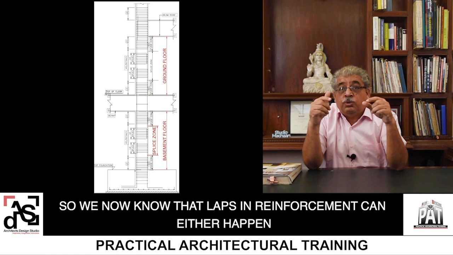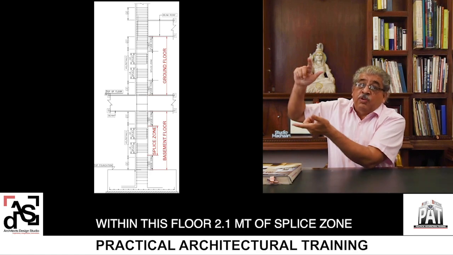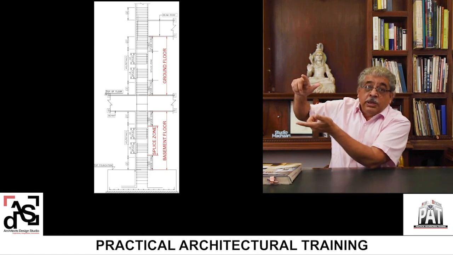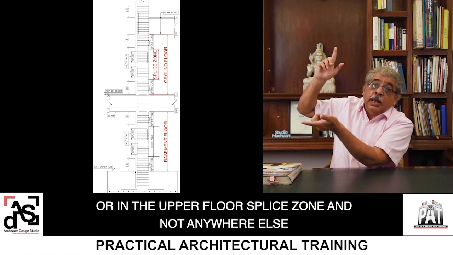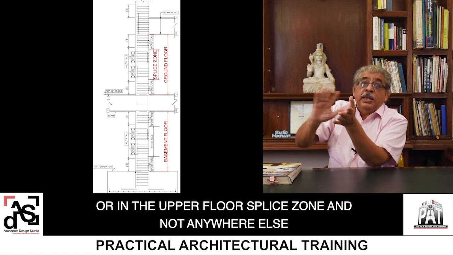So we now know that laps in reinforcement can either happen within this 2.1 meter splice zone in the basement, or they can happen in the upper floor splice zone and not anywhere else.